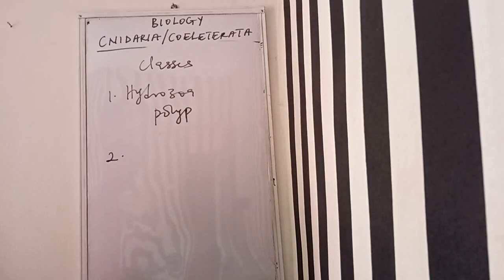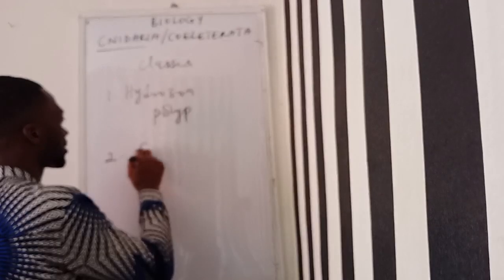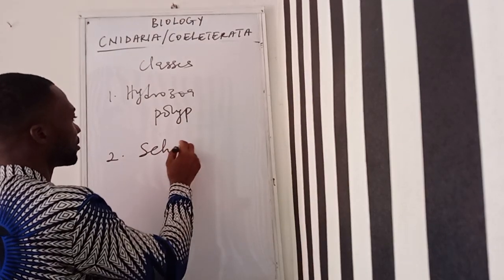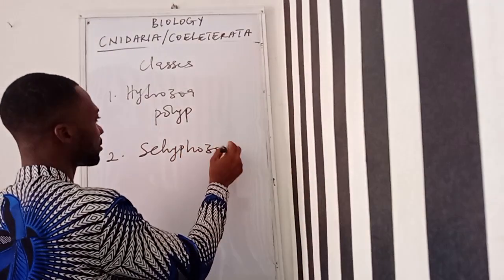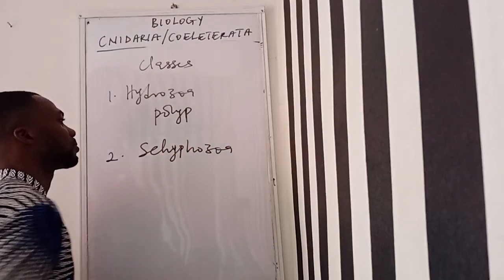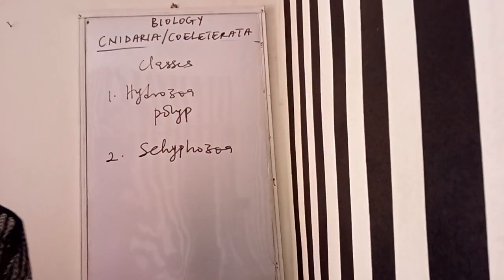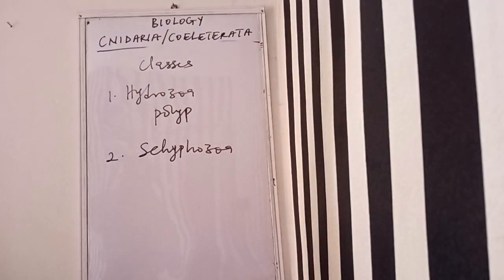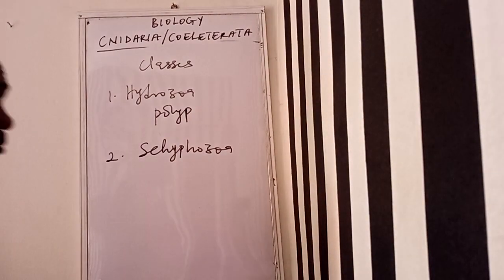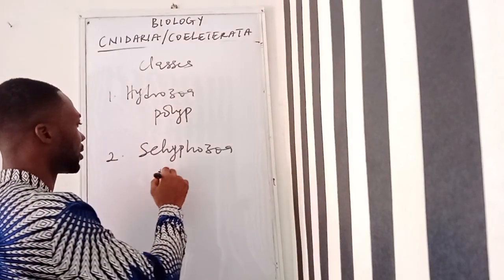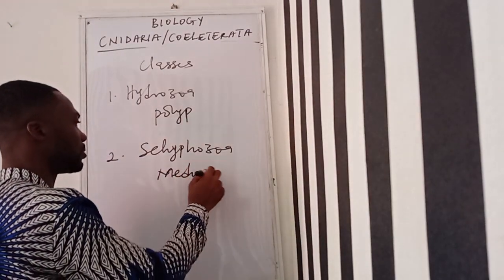Then the next group is the scyphozoa. What's the basic characteristic of scyphozoa? They have the body form that is called the medusa.